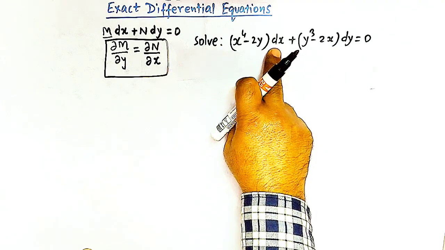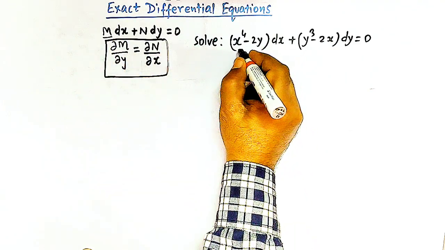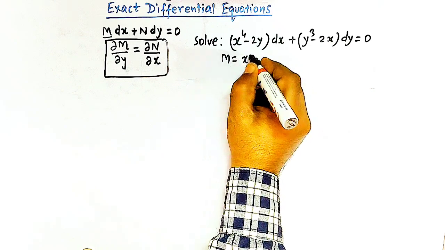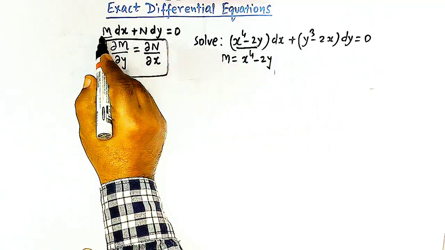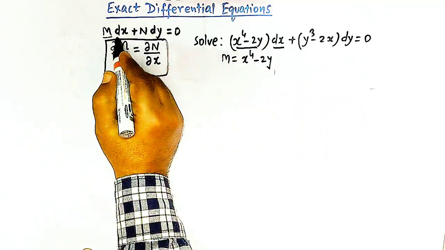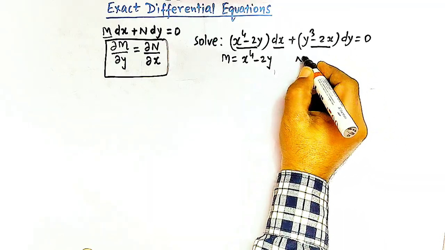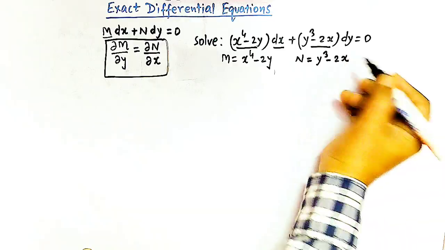If we compare this equation with the standard form, then M is x to the power 4 minus 2y, followed by dx, and then we have N, which is y cubed minus 2x.